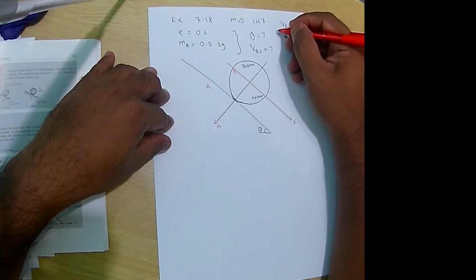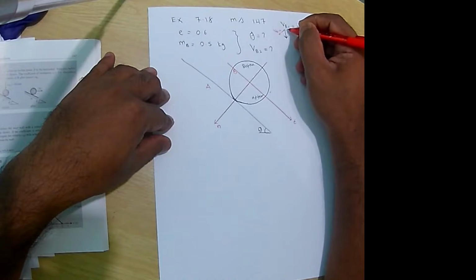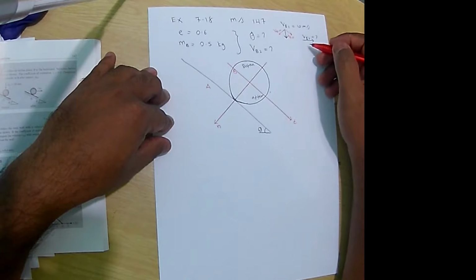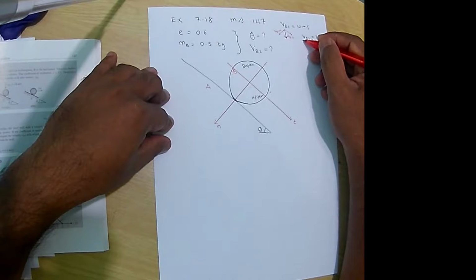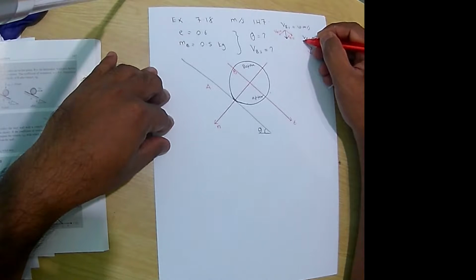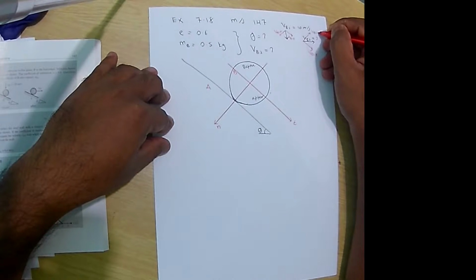This one will be VB1N and the other part will be VB1T. Same for this part, we want to resolve into N and T. So we will have VB2T, and the other part in this direction, negative of N, is VB2N.